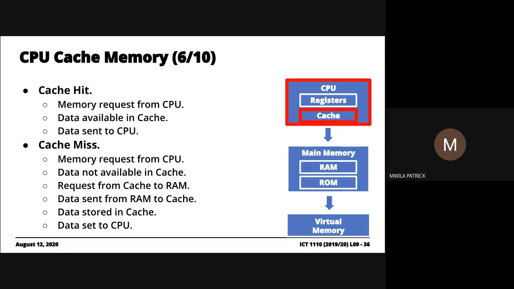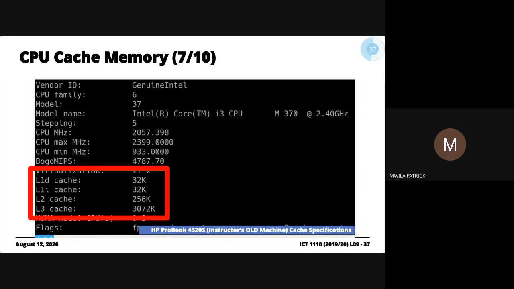Now the level 2 cache is also located on the CPU. If you bring up that slide where you are indicating, together with the level 3 cache as well, they are also located on the CPU regardless of their size.